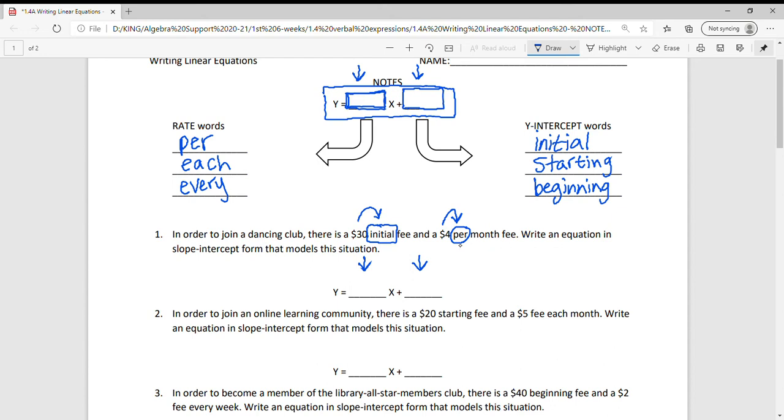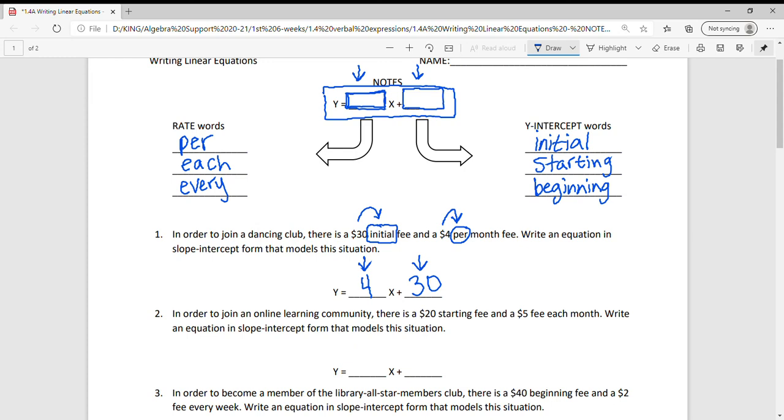I used per, so 4 is going to go right here. Now I need my y-intercept. That's the number over here by itself. So my y-intercept words: initial, starting, beginning. Well, I used initial, so that 30 is going to go over here. So there is my equation, y equals 4x plus 30. And that's all we're going to do. We're just writing them. That's it.